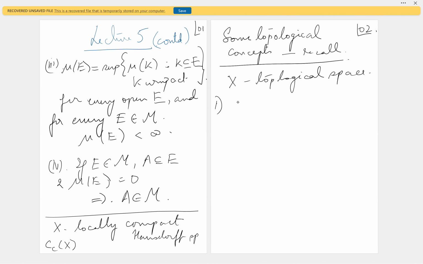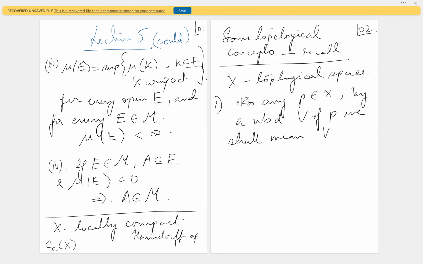So for any p belonging to X, by a neighborhood V of p, we shall mean V an open set. Okay, so neighborhoods will be open for us. When I say neighborhood, we need to understand that it's open.